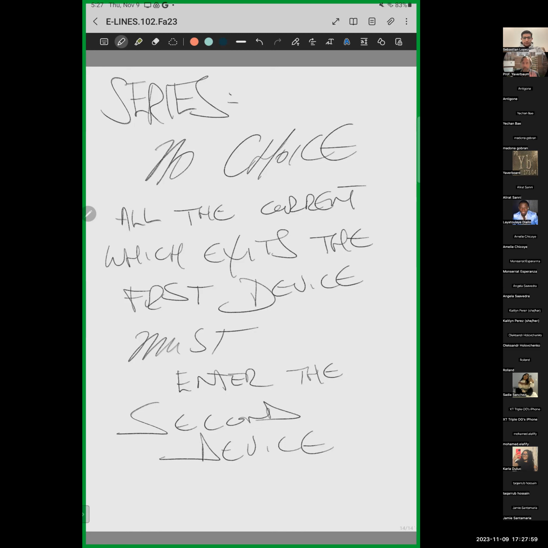That's what series means. Literally, it means no choice. Every bit of charge that exits one device must enter the other. That simple. And again, it refers to two particular devices. You can say that two light bulbs are in series with each other, or two resistors are in series with each other. What that has to do with anything else in the circuit could be that those two things could be in parallel with other stuff or whatever. But a pair of devices could be in series, or they could be in parallel.